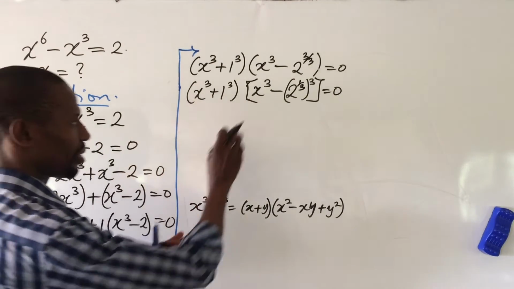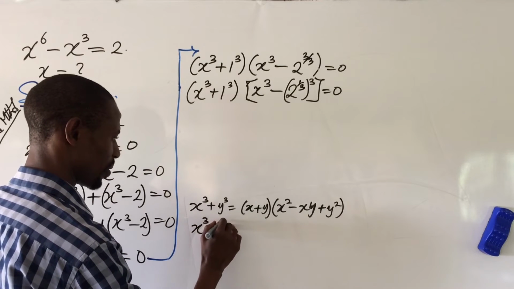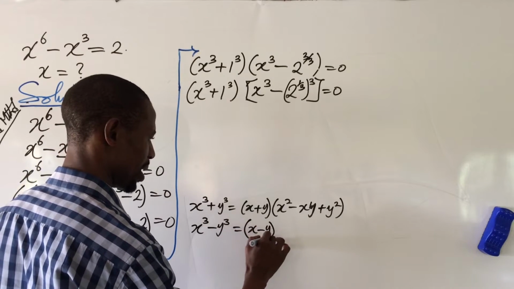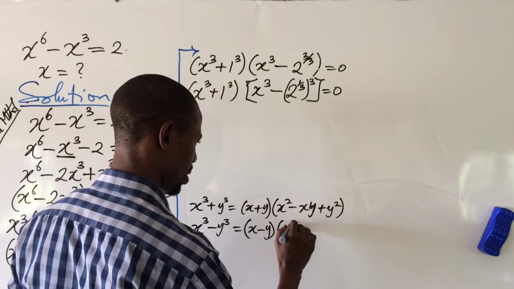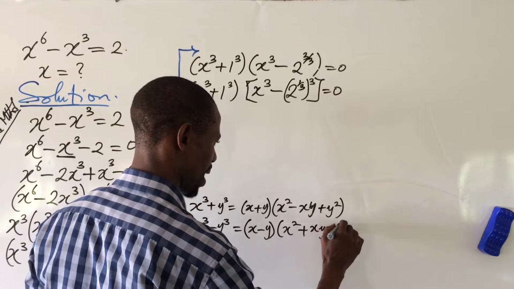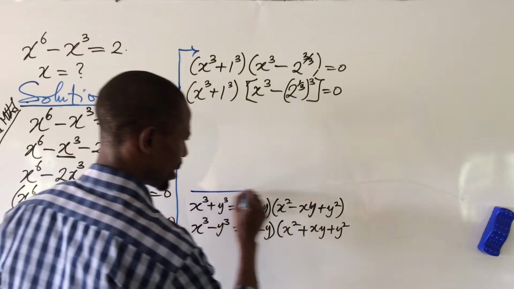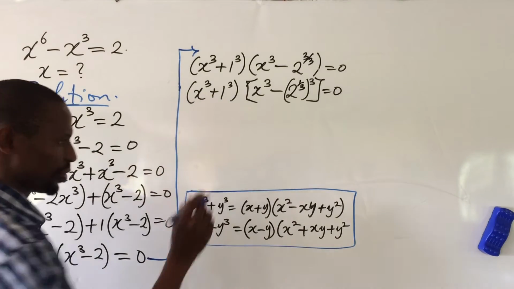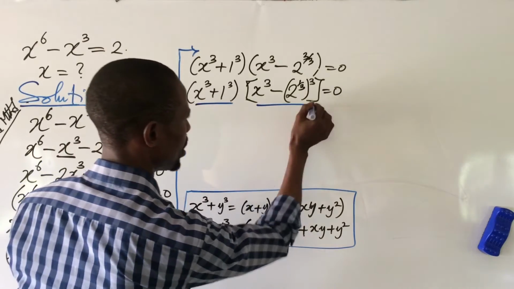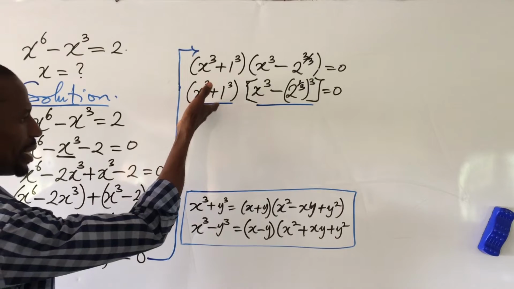On the second side, if you have x to the power of 3 minus y to the power of 3, this is the same thing as x minus y, close bracket, x squared plus xy plus y squared. Now, if we put these two special identities into consideration, we can rewrite these two expressions in this form.